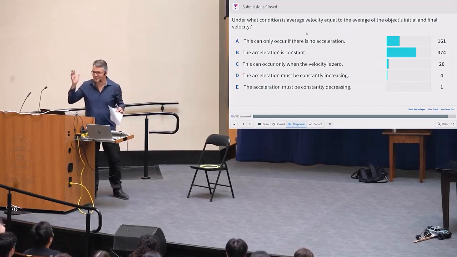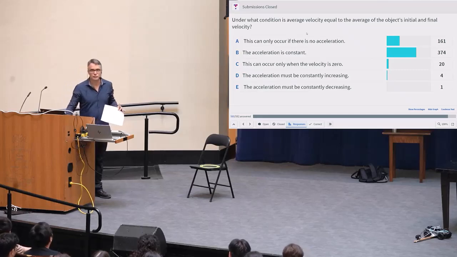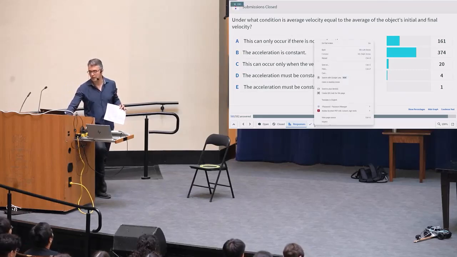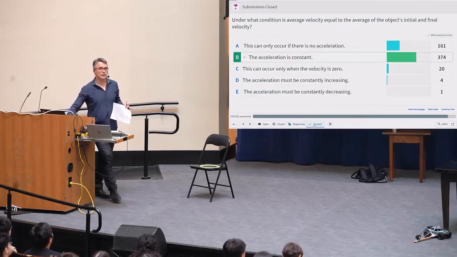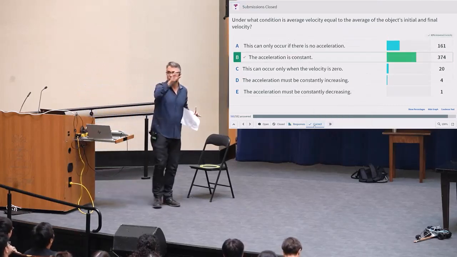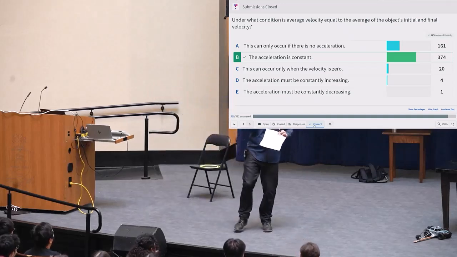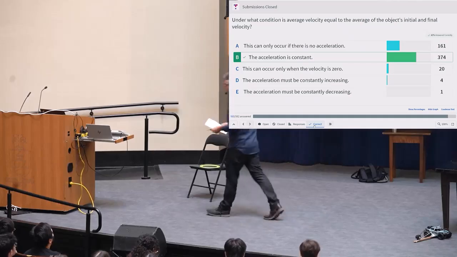It's a math thing, but it's the trivial case, and it's not the only case. It is true that if the acceleration is constant, any constant value, then if you add the initial velocity plus the final velocity and divide by 2, you get the average velocity. Pretty straightforward.